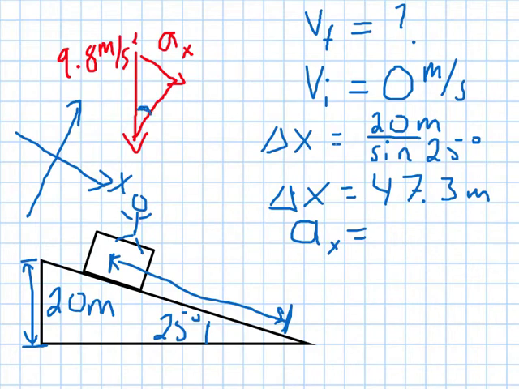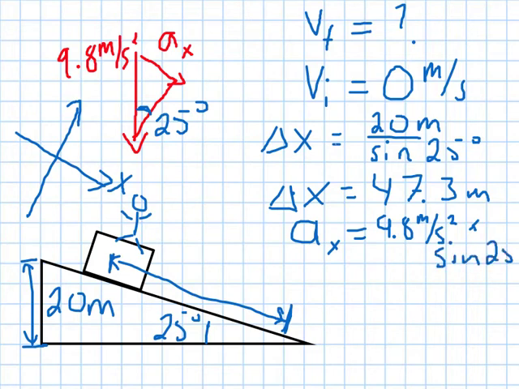This angle right down here is my 25 degrees. And so to solve for a sub x, that's going to be 9.8 meters per second squared times the sine of 25 degrees. And so this is going to work out to an acceleration of 4.14 meters per second squared.